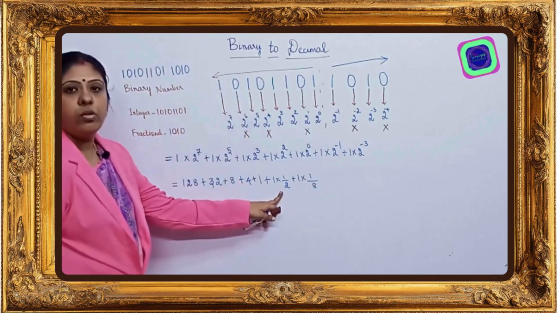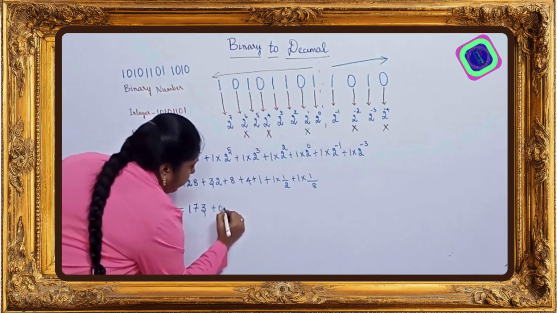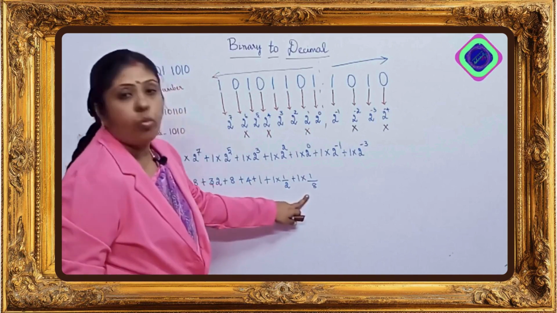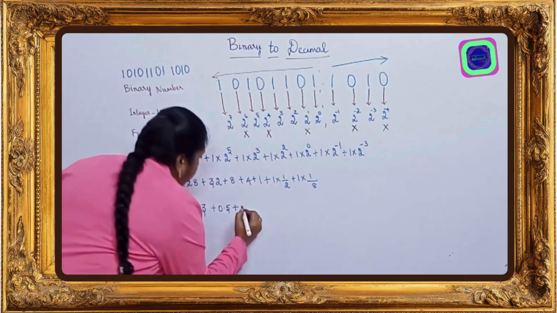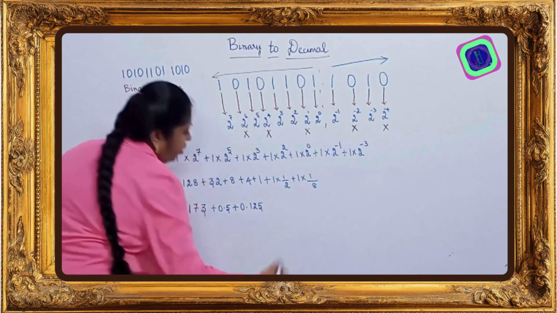So for 1 into 1 by 2, its value is written as 0.5, plus 1 into 1 by 8, its value is written as 0.125.